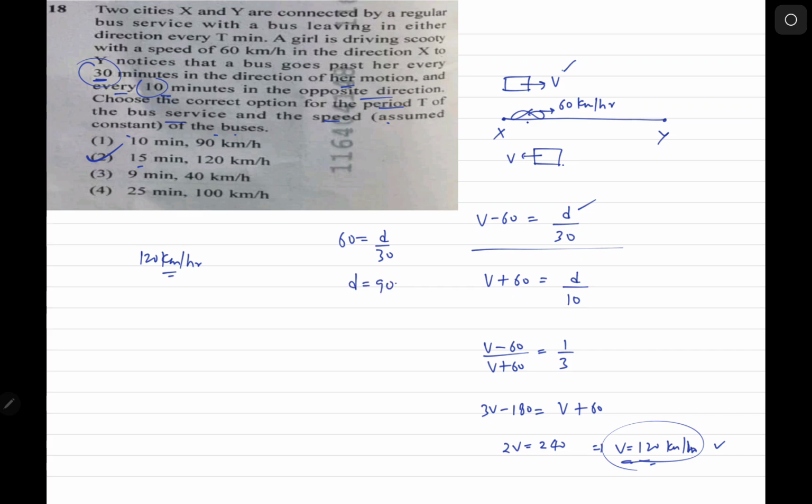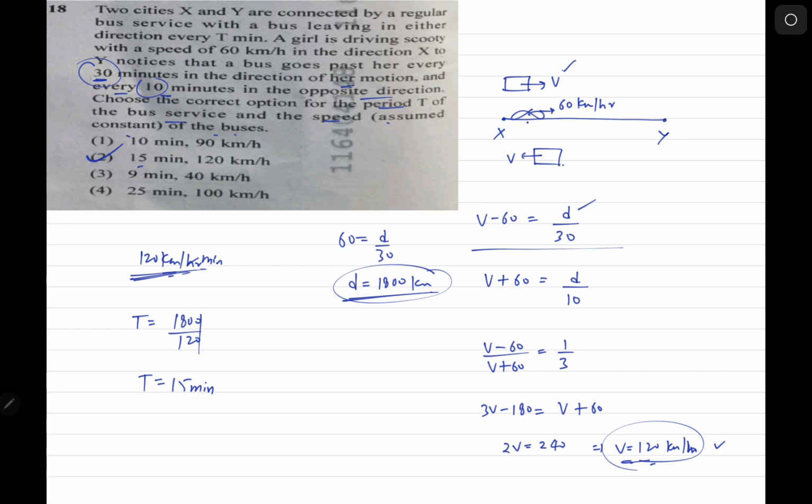So d is coming as 1800 kilometers. This is the speed, so we can find the time now. Time is equal to distance upon speed. When we solve this, we get 15 minutes.